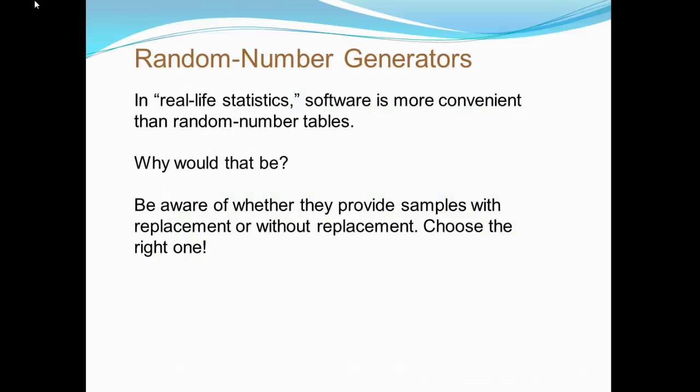Now, in real-life statistics, software is much more convenient than random number tables. And if you think about it, there's a pretty simple reason for that. Most of the survey data that we see being reported in the news involves at least many hundreds and oftentimes thousands of people in the sample.